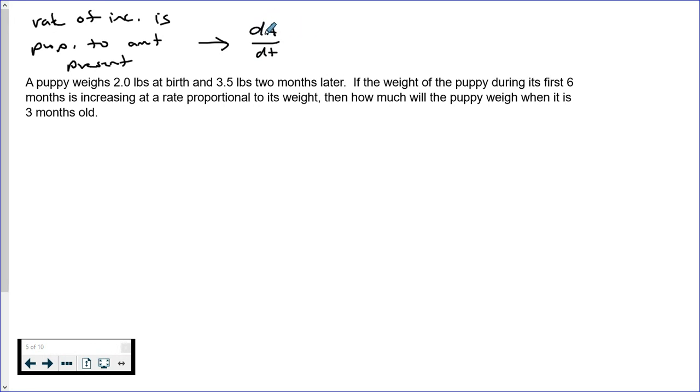The rate of change of a with respect to time is proportional, there's that k, to the amount of a present. And you basically can change a to any variable you want, all right?